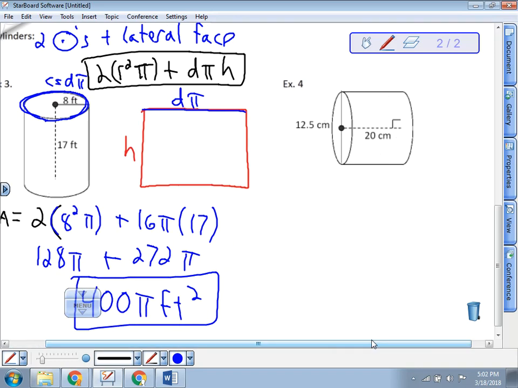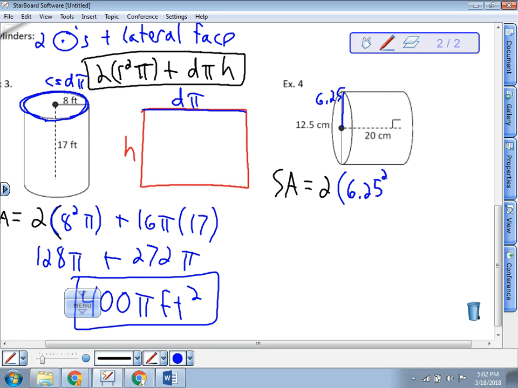Example 4 is no different, except now the cylinder is lateral, but the surface area still follows that same formula. Surface area equals 2 times the area of the circle. Since the diameter is 12.5, the radius is half, so that's 6.25. It makes it a little more difficult being a decimal, but we'll just keep everything in decimal.